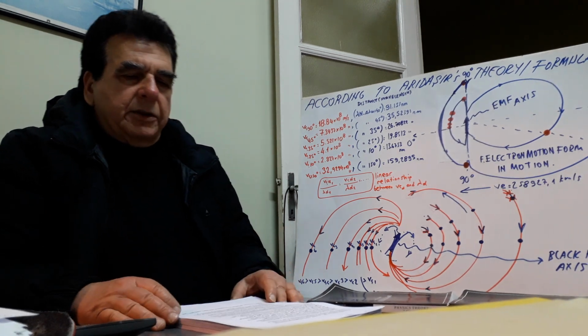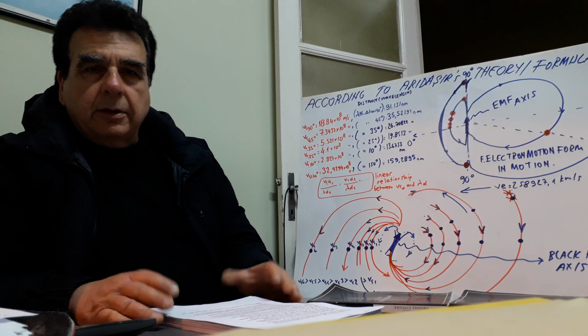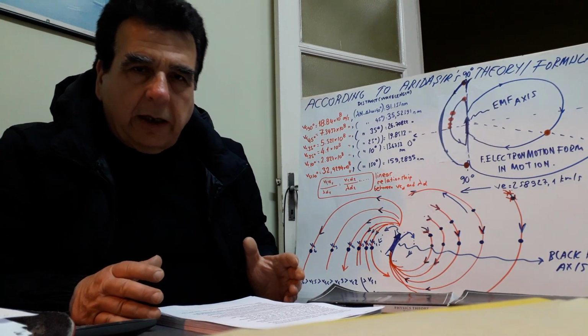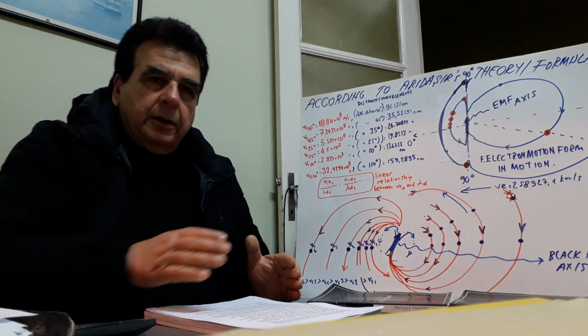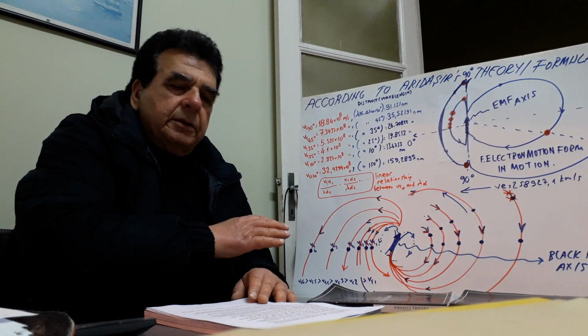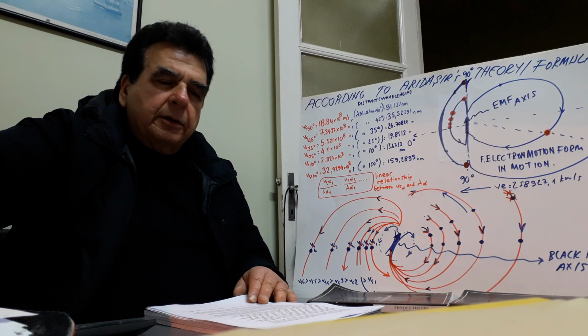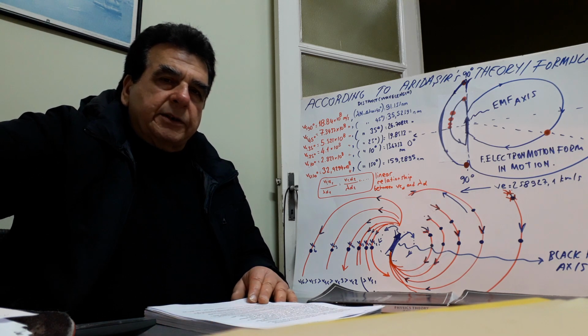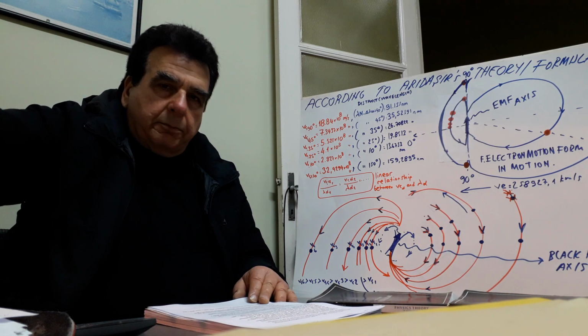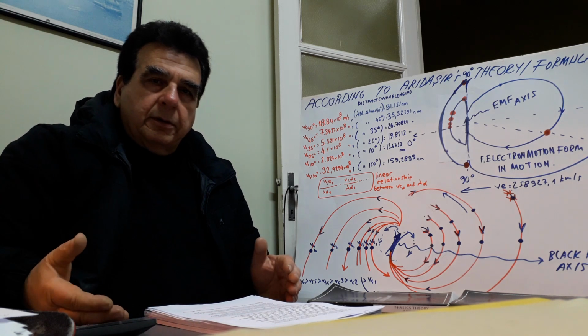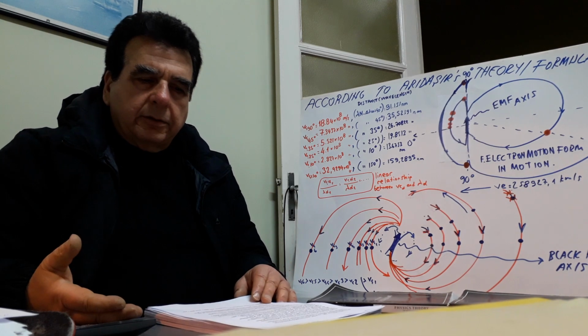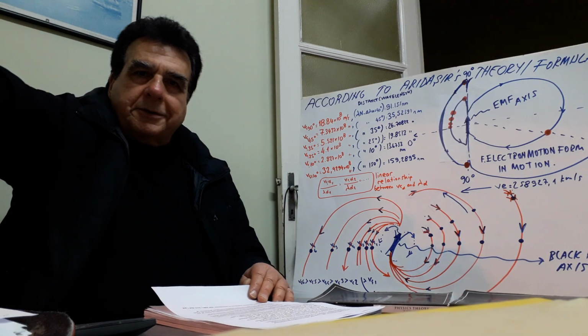Because traditional gravitational law says to us, as the distance between center and star increases, star's orbital velocity drops, but contrary to that, orbital velocity increases.